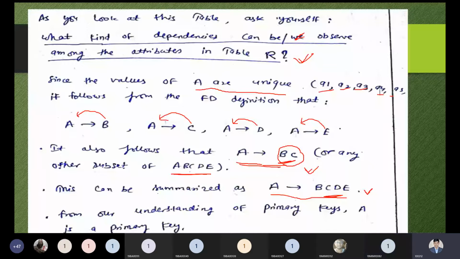But we found that B, C, D are the other attributes which do not have uniqueness.